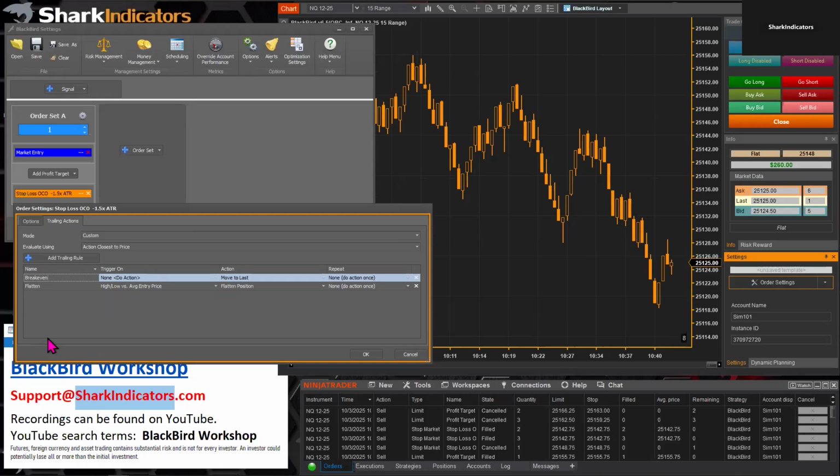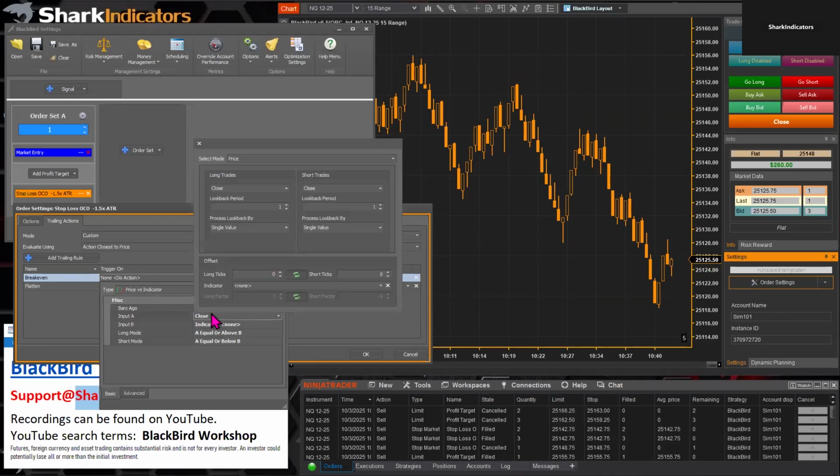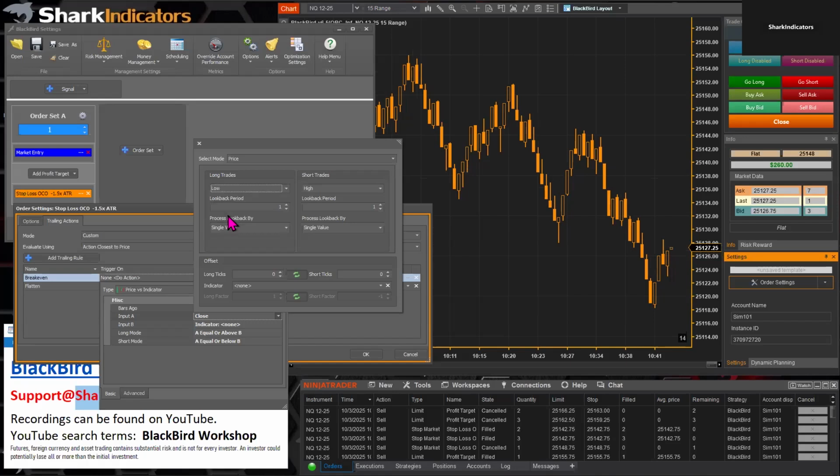All right, so let's give it a name there. And so this is just going to be the reverse of the flatten here. All right. So again, let's load in the price versus indicator. Let's go into input A. This time, if we're in a long trade, we're looking at the low price.